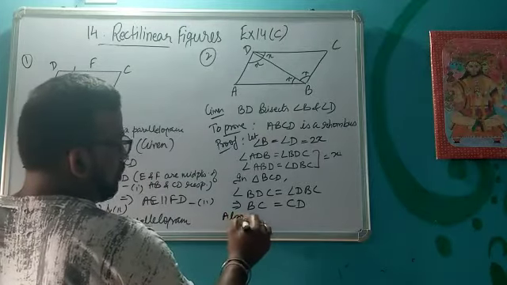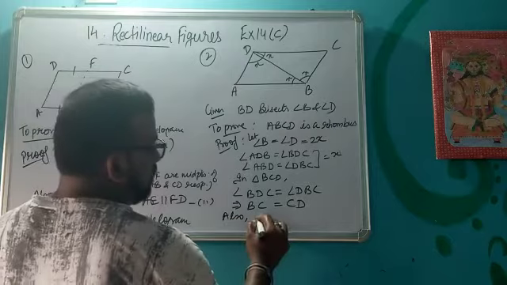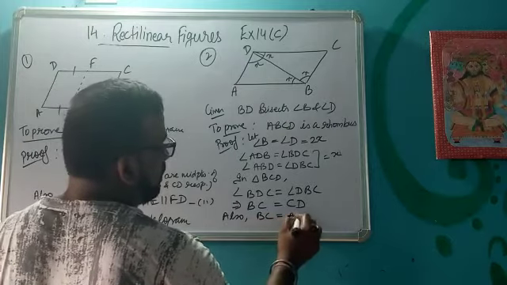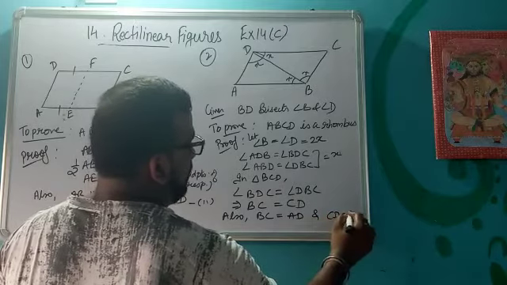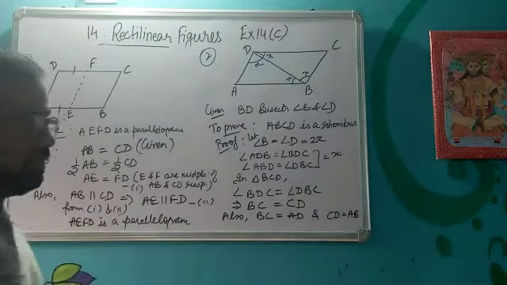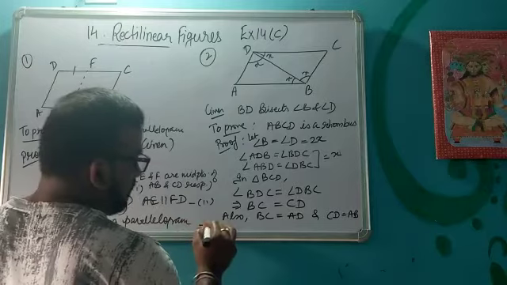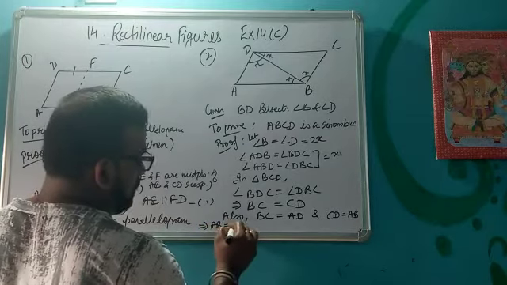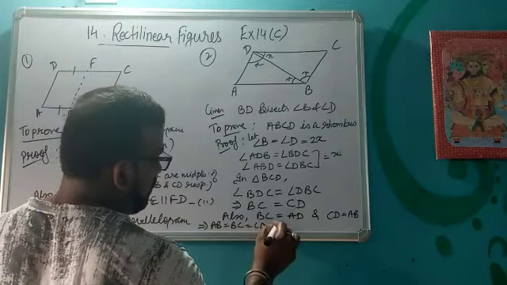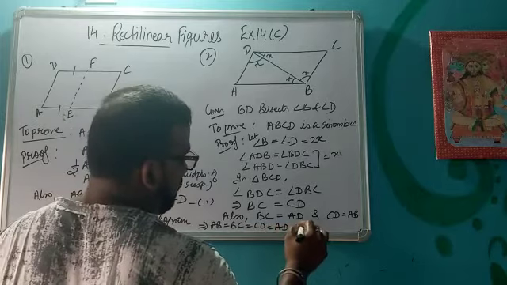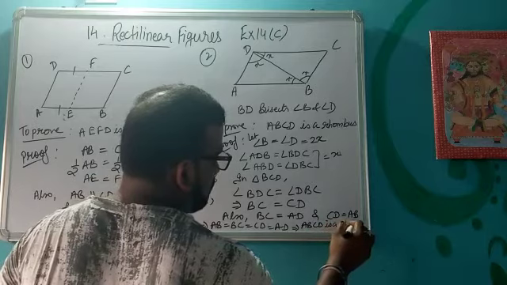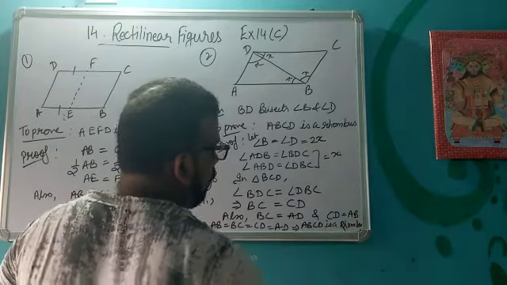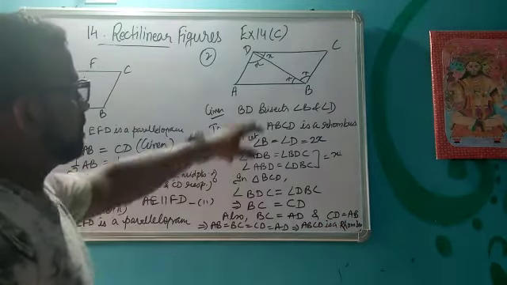Also, what we know? BC equal to AD and CD equal to AB. This we know. So that means AB equal to BC equal to CD equal to AD. So ABCD is a rhombus. We have proved all sides as equal to each other.